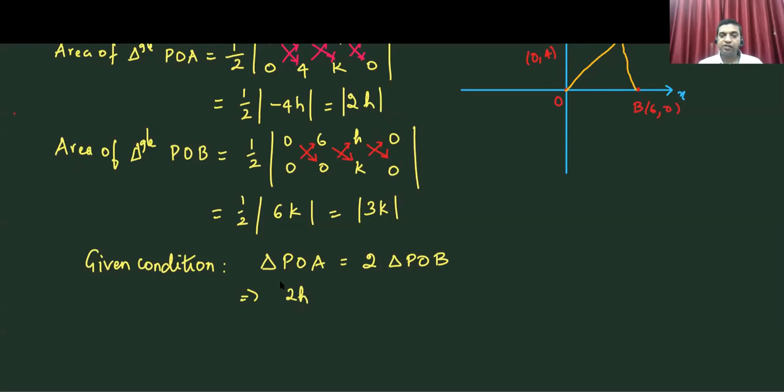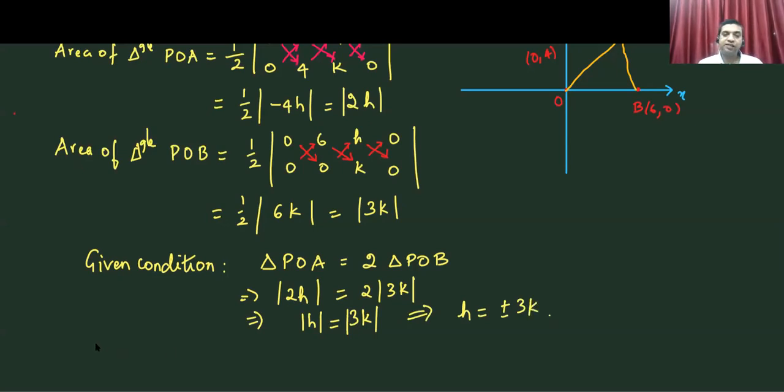Now 2 mod h is equal to 2 times 3 mod k. So 2 and 2 cancel. Now you have mod h is equal to 3 mod k. Now you remove the signs of the modulus. Each one can either be plus or minus, so the combination will lead us to h is equal to plus or minus 3k.